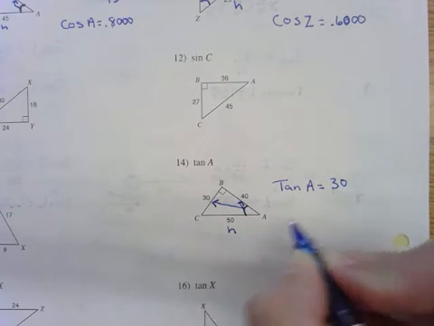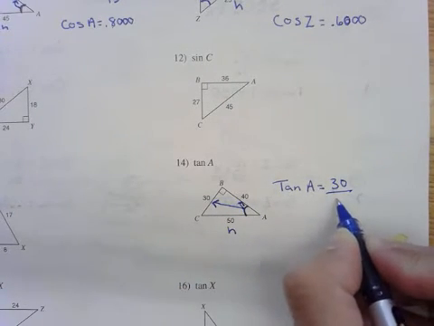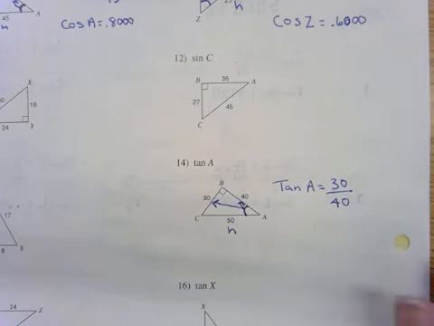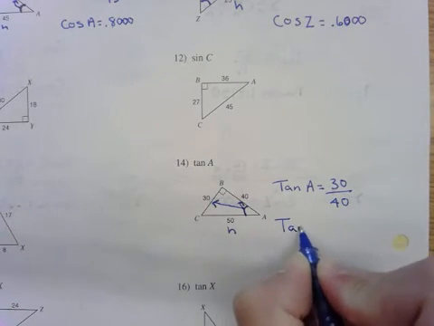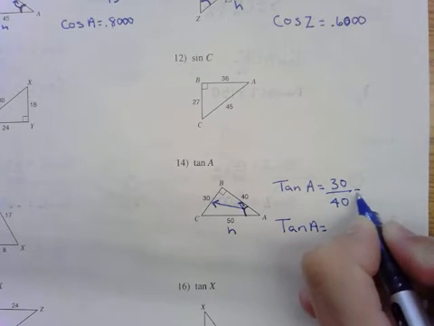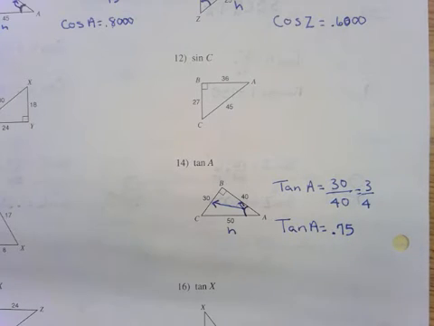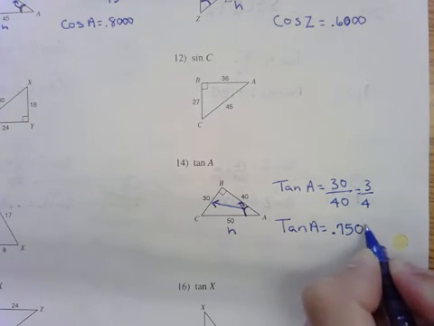So remember, the tangent doesn't even use the hypotenuse, but it's really important to identify where it is so you don't get mixed up with the adjacent leg and the hypotenuse. So 3/4. 30 over 40 equals 3/4, and 3/4 in a decimal is 0.75, and we want to put 2 zeros because it's asking for that.